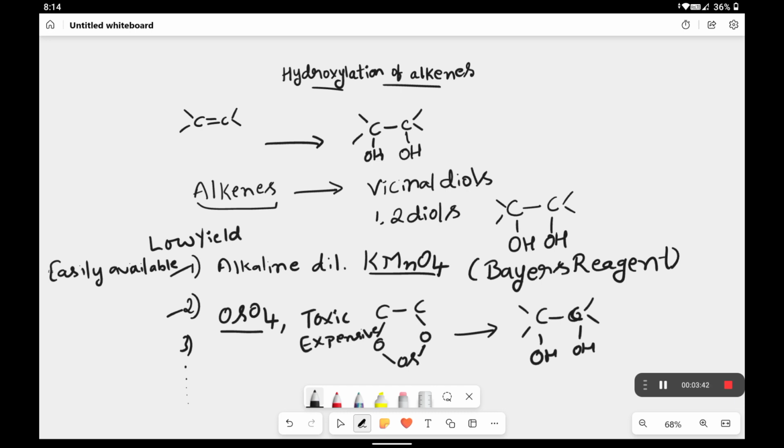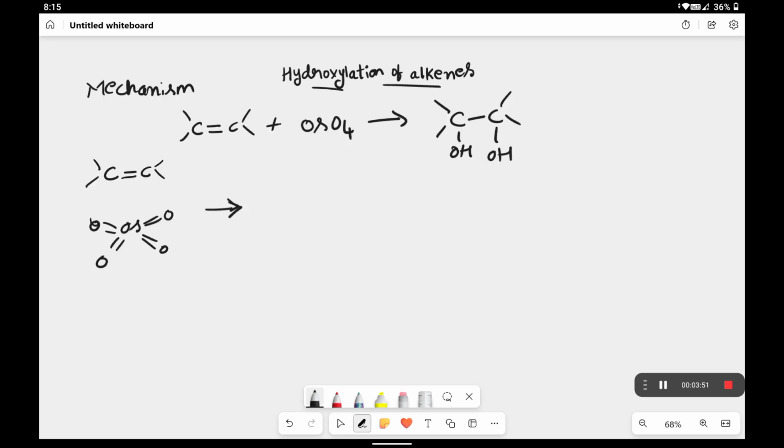Next we move on to how it forms the 1,2 diol. What is the mechanism associated with this? First, the alkene, being an electron rich compound, attacks the oxygen atom, because here the osmium is in the highest oxidation state and always tries to pull electrons towards itself.